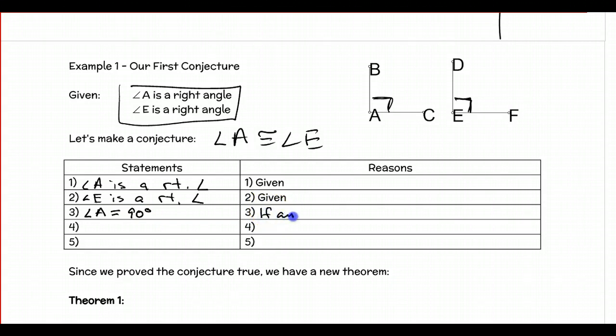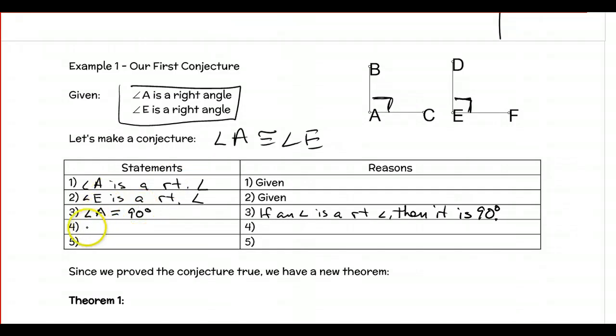If an angle is a right angle, then it is 90 degrees. Okay, and there are some slightly different forms of the definition that we'll be using throughout the semester as well. So since A is a right angle, we know it's 90 degrees.